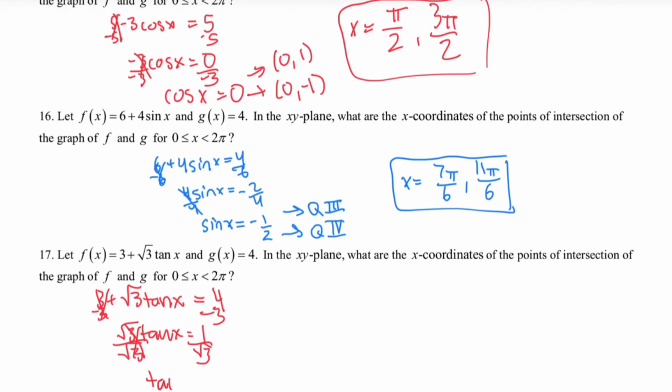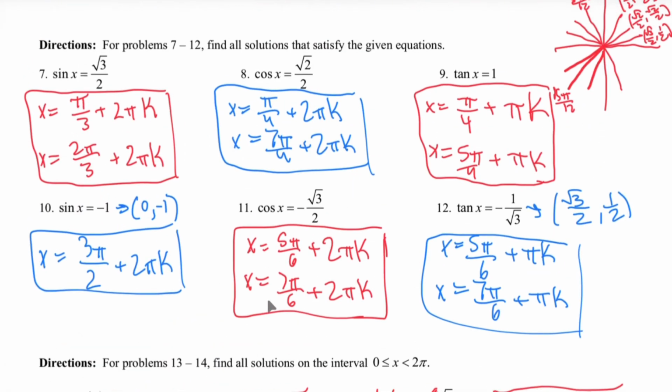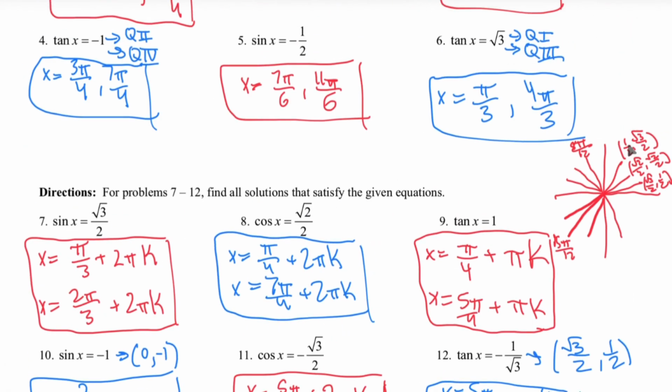Alright, so tangent of x is equal to 1 over square root of 3. Looking back to right here, it would either be this or this. So let's check it. When I divide these two, y over x, square root of 3 over 2, multiply by the reciprocal, 2 over 1.